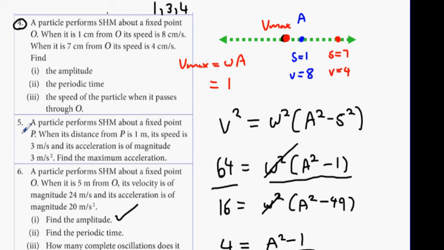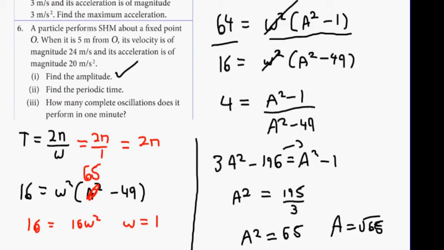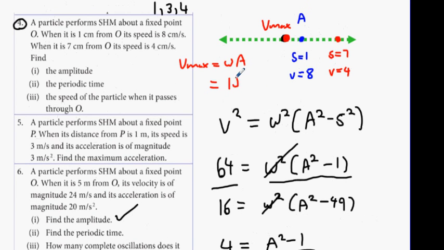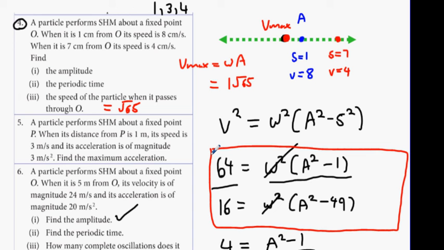So the answer for v max is just going to be root 65. Question 6 is the same thing as question 4. It's one of these division ones. You do exactly like this. The only difference is the last question, and I already did that for question 4, so we can move on.